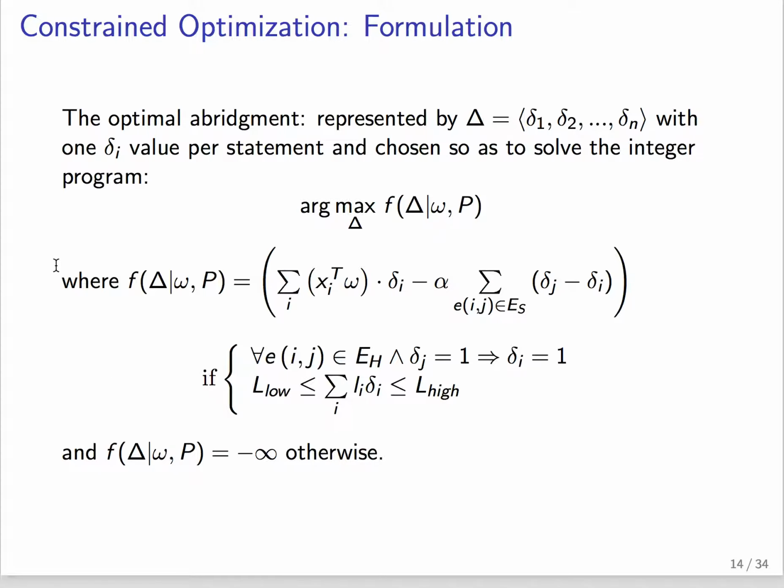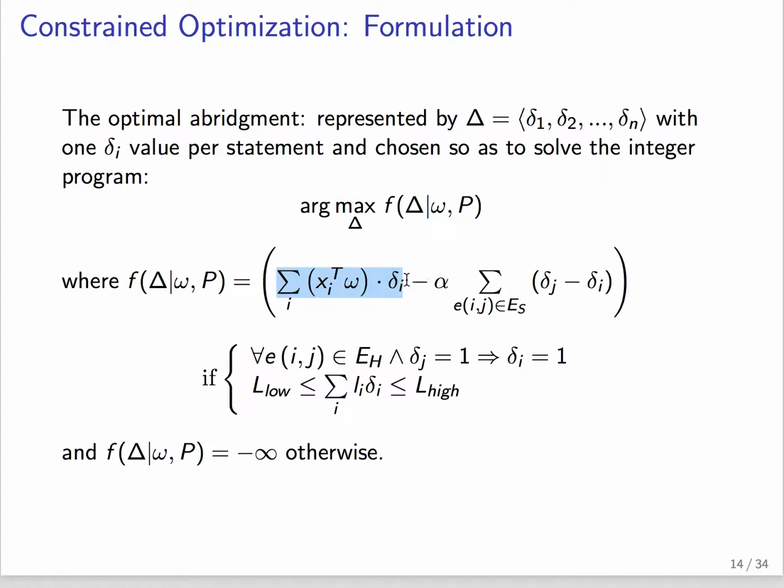So finally, with all those definitions, we formalize the problem in this way. The optimization problem tries to find a binary vector where each value represents whether the related statement should be kept or removed in the abridgment result. If it's 1, this statement should be kept in the abridgment, otherwise this statement will be removed. Here's the objective function. It's very intuitive.